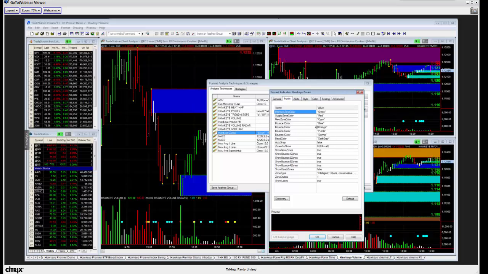Okay, bounce color 2, orange, so you can see this zone has been interacted with by price twice. So price has hit that zone 2 times, it's colored orange. Purple, 3, so this one has been hit 3 times, okay? 1, 2, 3. And so it's purple, and so forth.